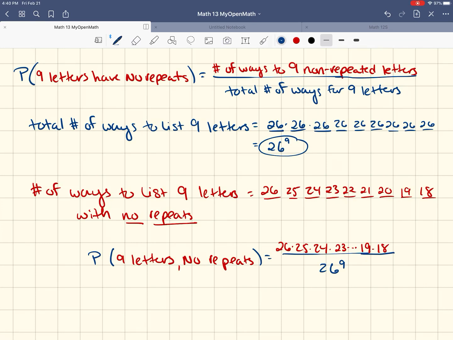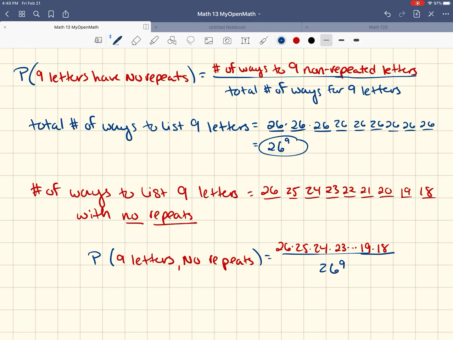And when we do that, bear with me because I don't have this up on my calculator yet. We plug that into our calculators. Let's see. We've got 26 times 25, 23, 22, 21, 20, 19, 18.